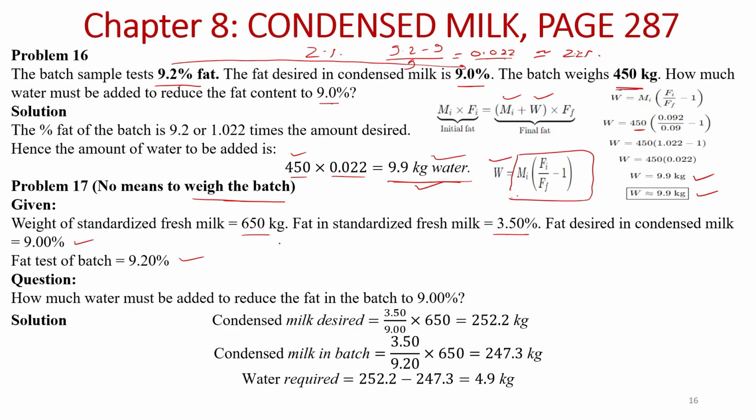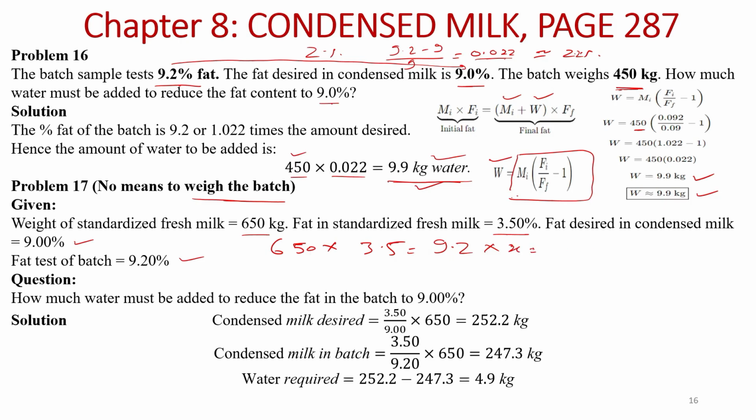For the actual batch at 9.2%, 650 into 3.5 equals 9.2 into x.